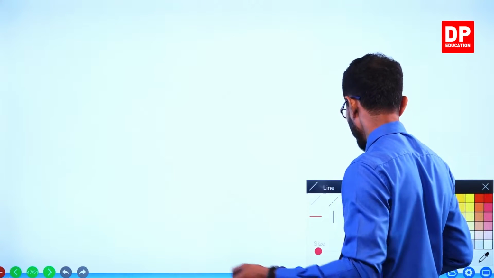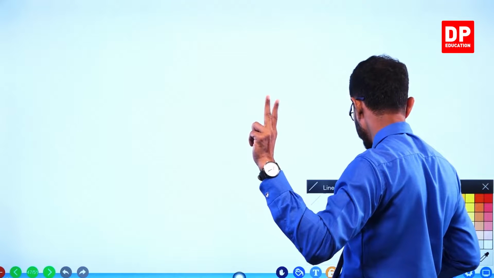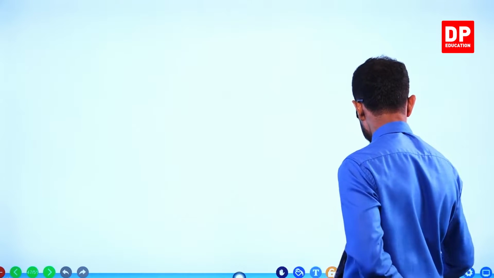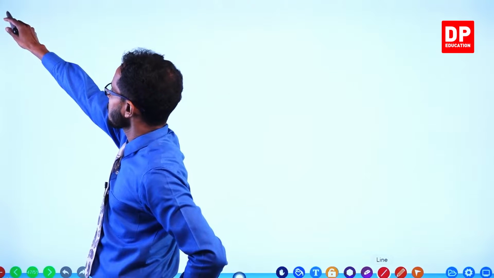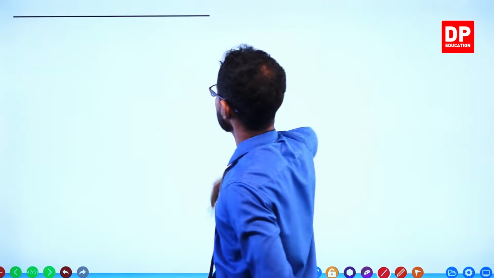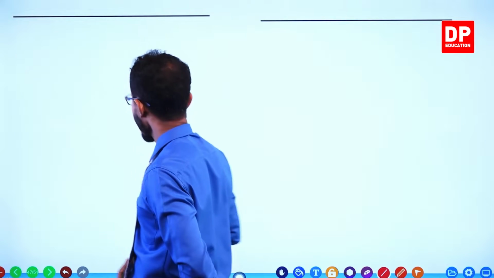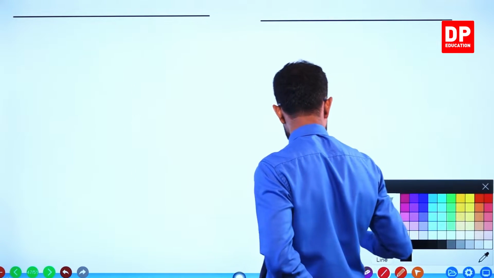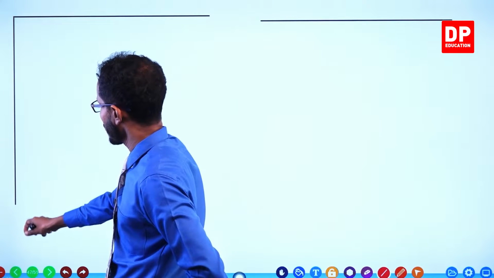I'm going to draw both statements right here on this slide, on this page, both statements. From this corner, profit or loss statement and SOFP.